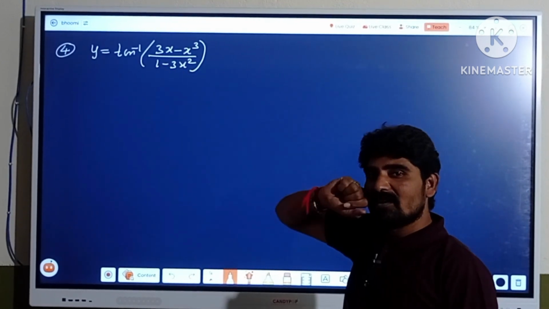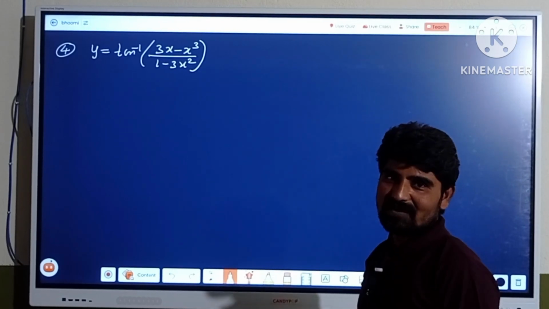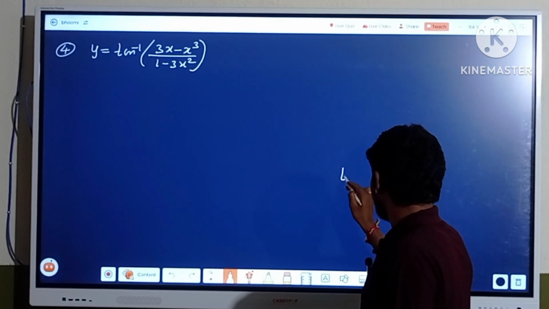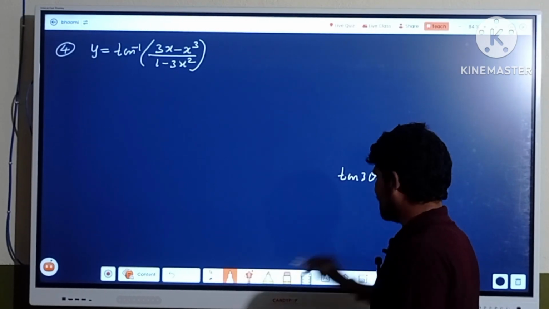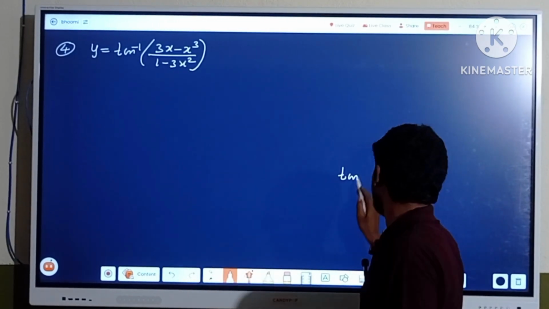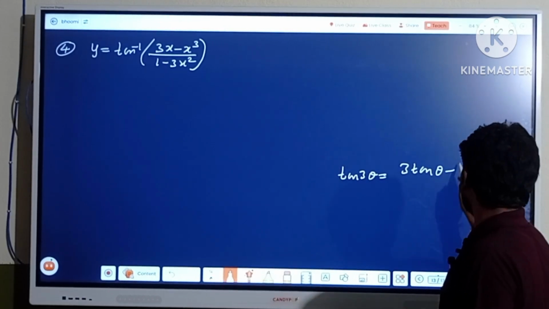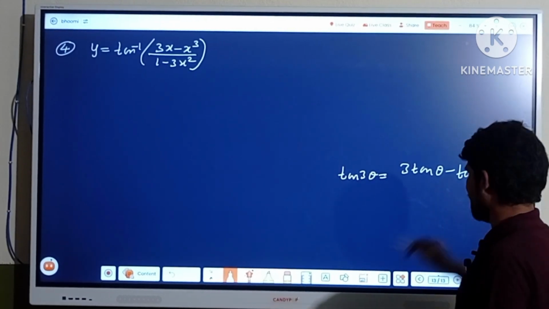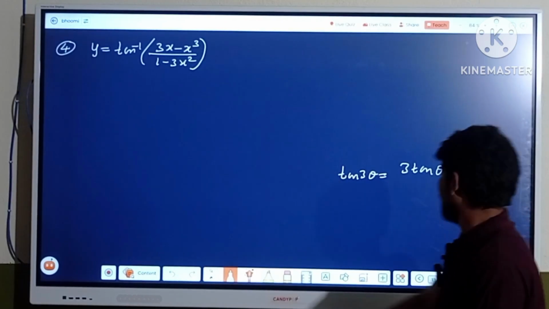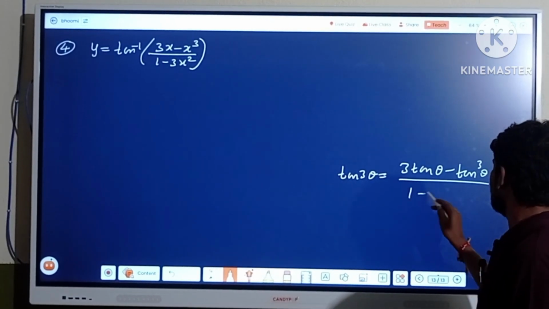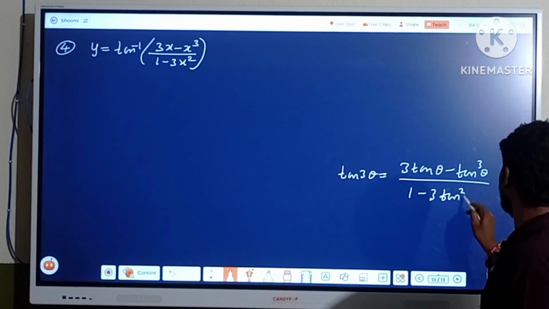Recall the formula for tan 3 theta. We know that tan 3 theta is equal to 3 tan theta minus tan cube theta divided by 1 minus 3 tan square theta.